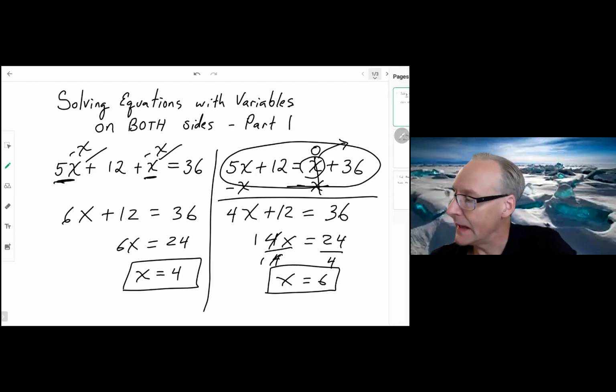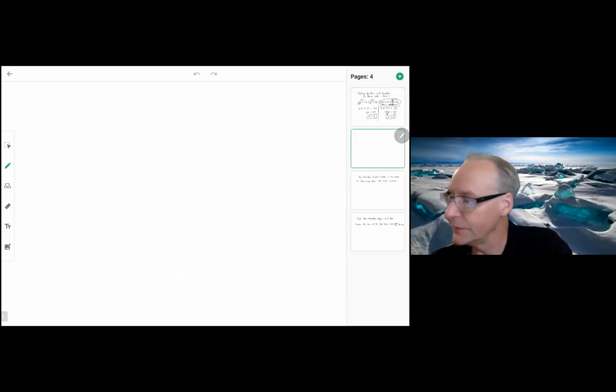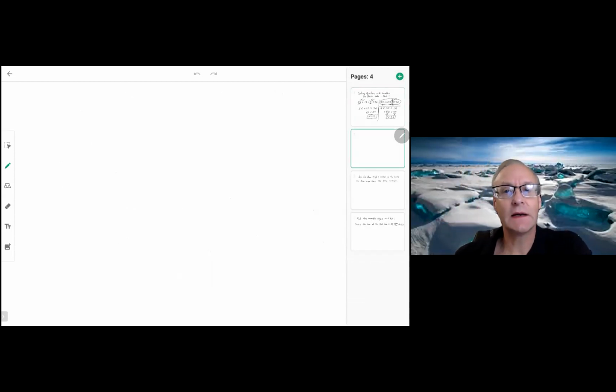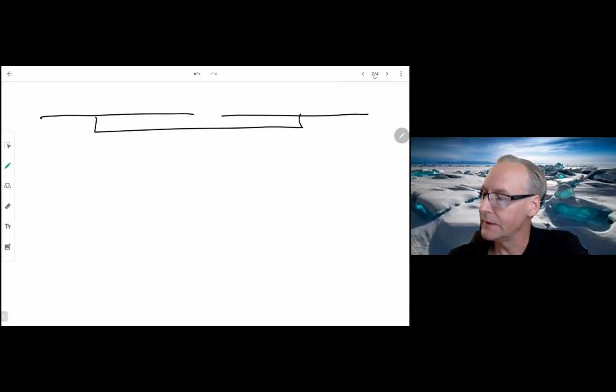Well, let's look at another example that may make this clearer for you. I meant to include my balance scale. Now, in my other examples, I had the balance scale already drawn. I'm going to draw a balance scale. When I used to teach, I've actually bought 2 decorative balance scales at a garage sale. And basically, what a balance scale is saying is that this left side over here is balanced with this right side.